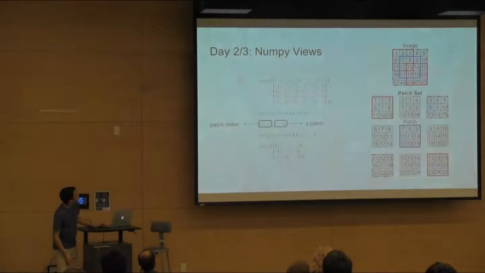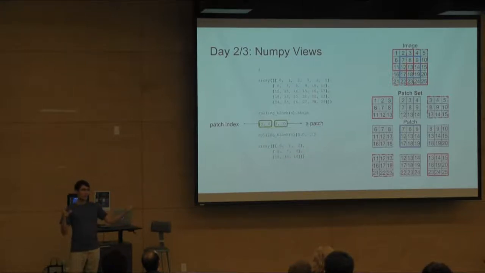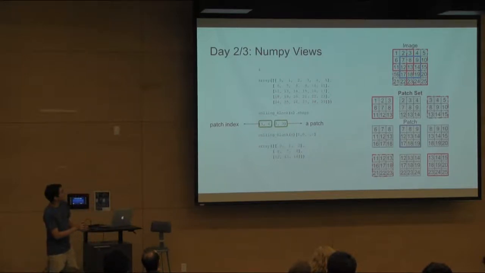So to give an example. With that operation, we actually create a view that looks like a 4-dimensional array rather than a 2-dimensional image. And what it's giving you is a way to index the patches directly. Every time you index a patch, you get all 9 numbers related to that patch.